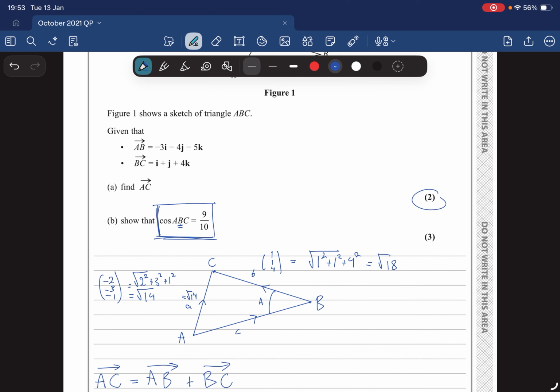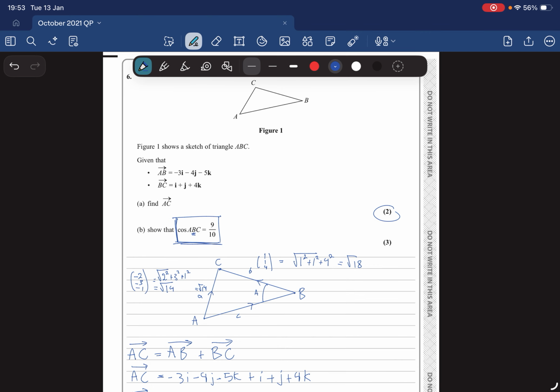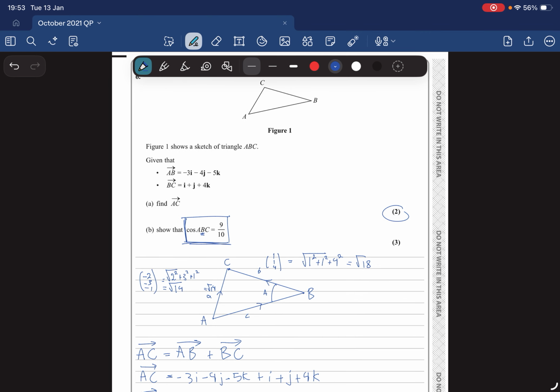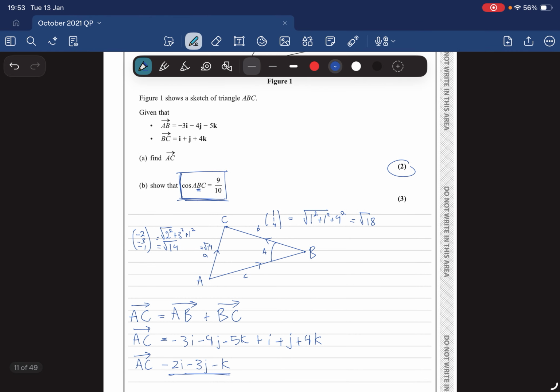And then finally we work out c, which is A to B, minus 3, minus 4, minus 5, which is the root of 3 squared plus 4 squared plus 5 squared, which gives us the answer root 50.